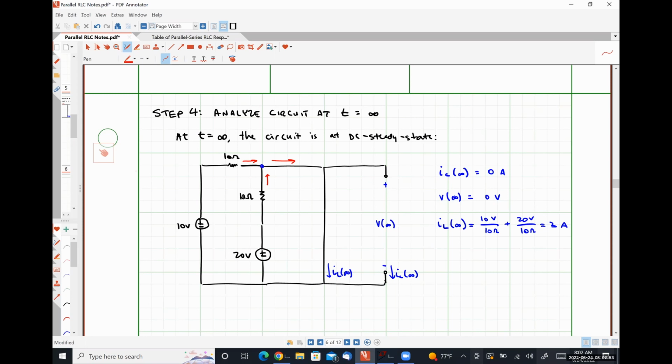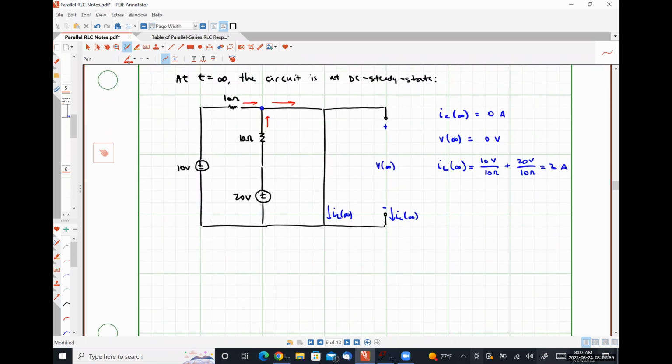So what we are going to do now is step number 5. In step number 5, we are going to apply our response equation and solve for the waveforms that we're interested in.